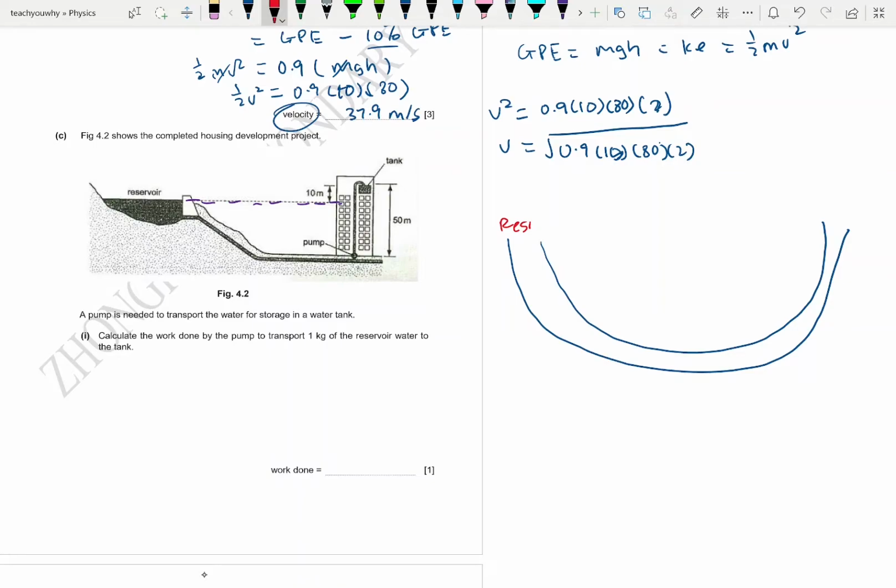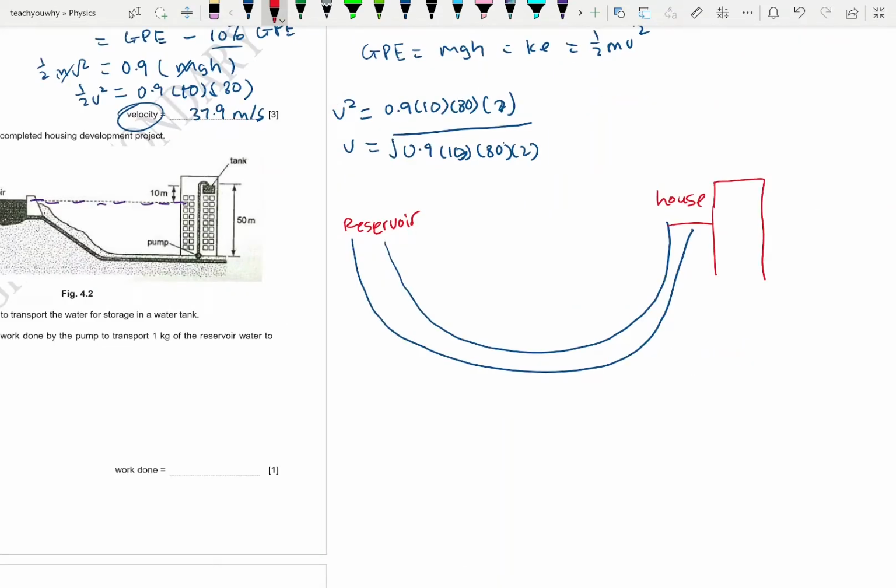This is your house. Now your house on top, this is somewhere. But you need to pump the water all the way to this water tank here, which is another 10 meters.